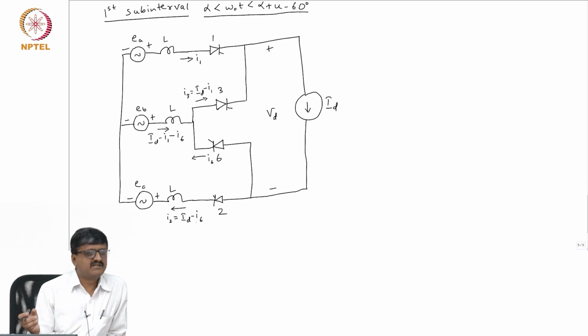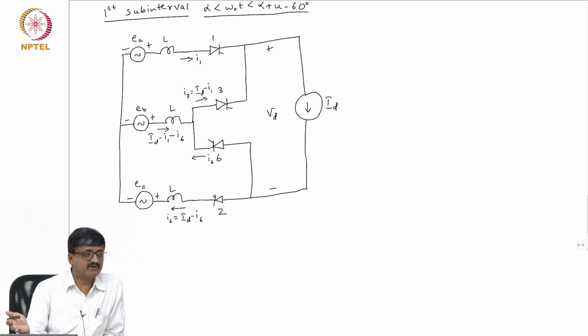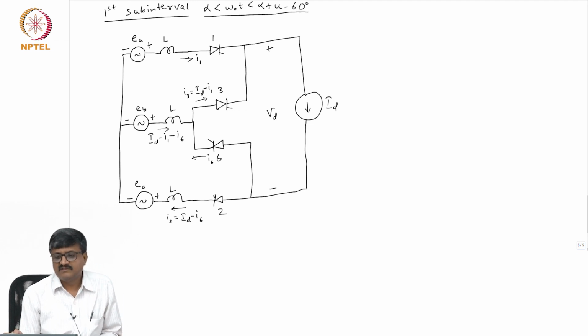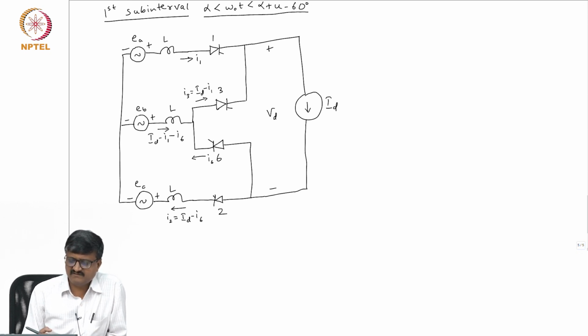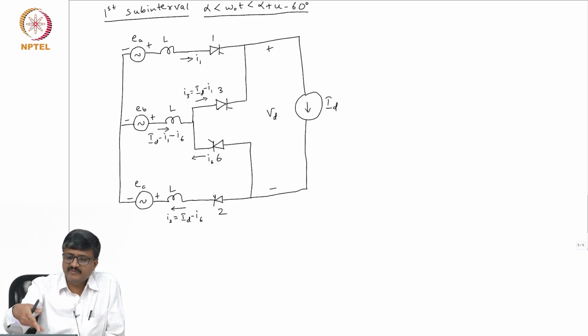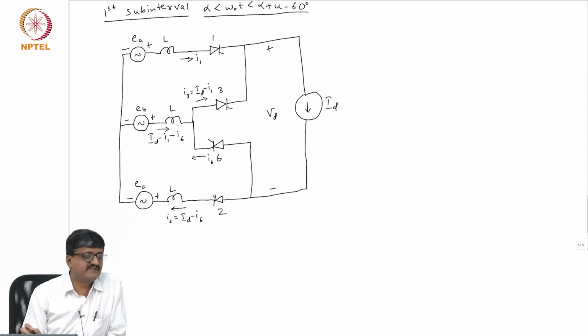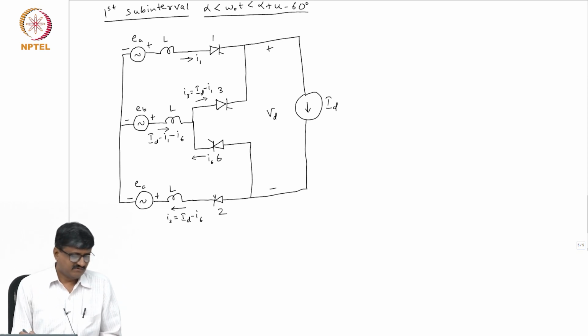There are 3 loops, but one loop current is known. There is one loop consisting of valves 3, 6 and the current source ID. So, the current ID is known, that is given. There are other 2 loops with current I1, the other current is I2. So, I can either solve for I1 and I2 or I1 and I6. Only 2 independent quantities have to be determined by application of Kirchhoff's voltage law to the 2 loops.